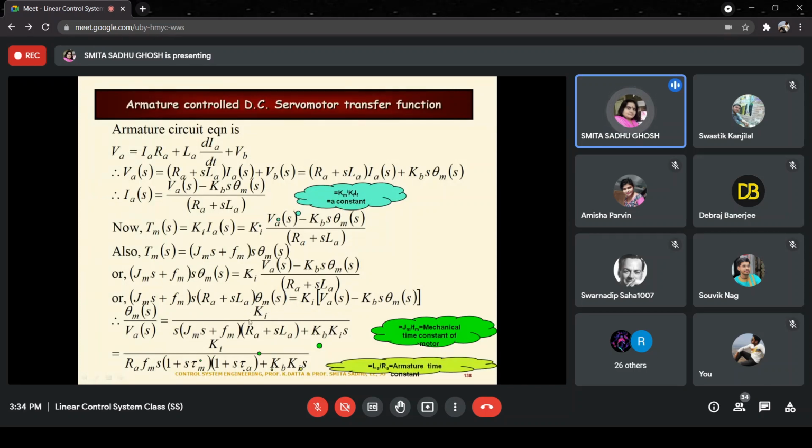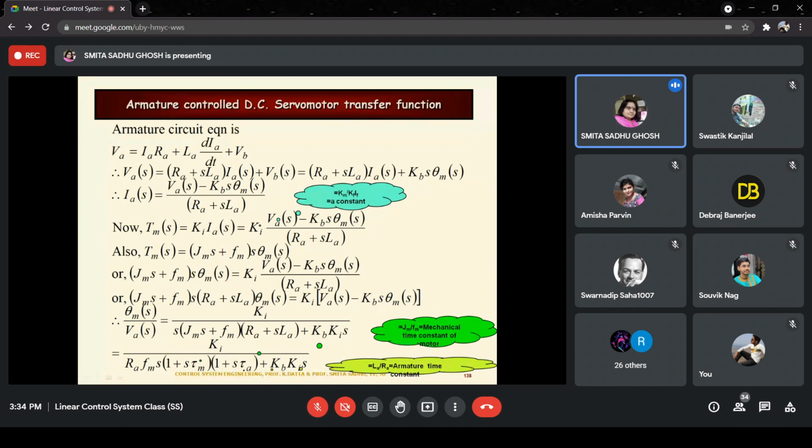Here, the armature inductance is something which comes over here, and usually the armature inductance is negligible, very nearly equal to 0. If that is nearly equal to 0, it would imply that your tau A would also be very nearly equal to 0, and that would imply that this transfer function that we have derived would boil down to a second order transfer function.